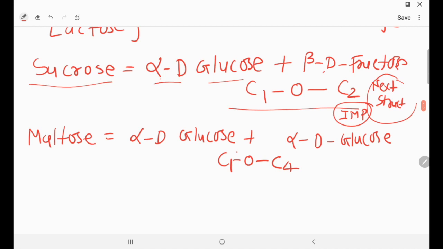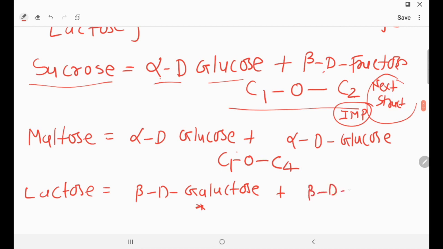And the last one is lactose. In lactose, beta D galactose, which is a new one, so I'm marking it with a star here, plus beta D glucose, and the linkage is between C1 and C4.